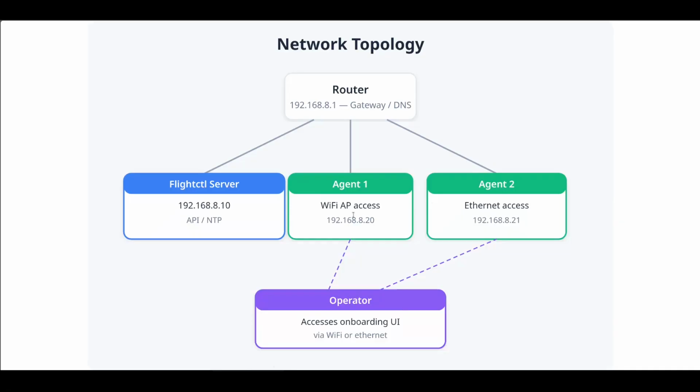For the second, the Ethernet-based agent, there's only one Ethernet plug. So in this case, the operator will be plugging that Ethernet into their setup device. In this case, it's just a laptop that I've got, and configuring onboarding.